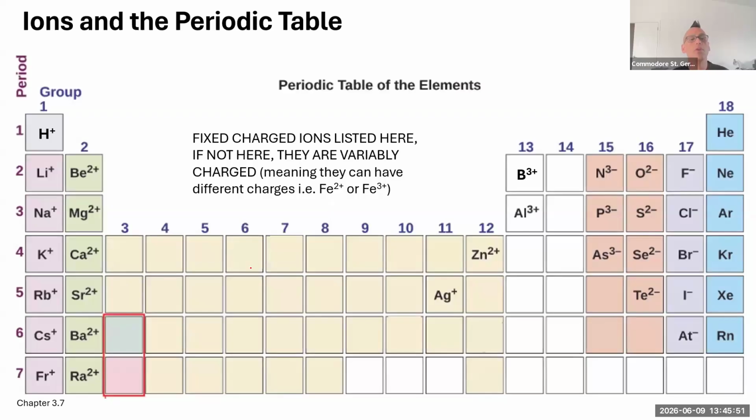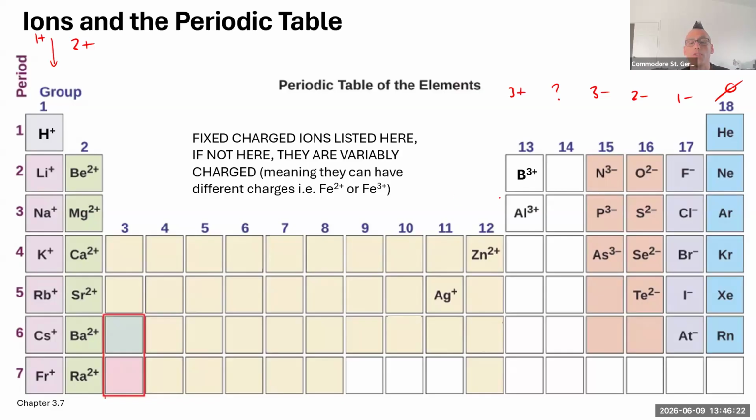So we did this before also, but we're looking at what are called fixed charge ions, right? Everything in group one is going to be a 1 plus. I like the way it's easier to keep track of for me. So 1 plus, everything here is 2 plus, everything here is 3 plus. This is, we don't know because it could go either way. This is 3 minus, 2 minus, 1 minus.